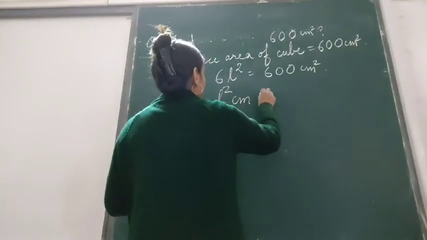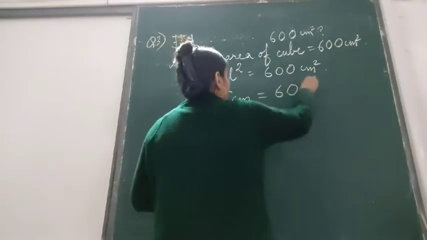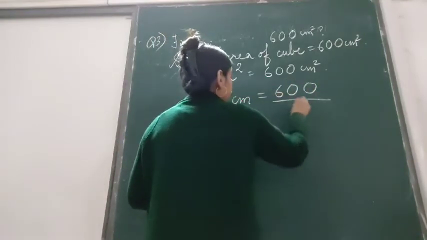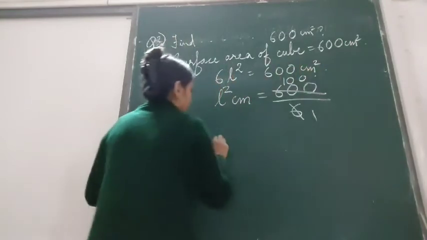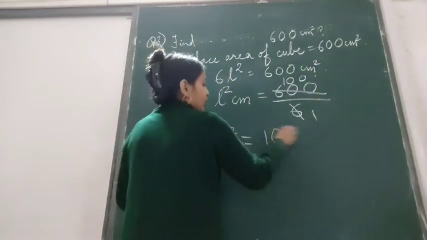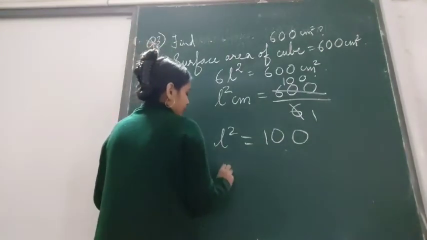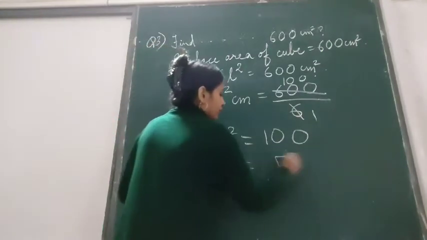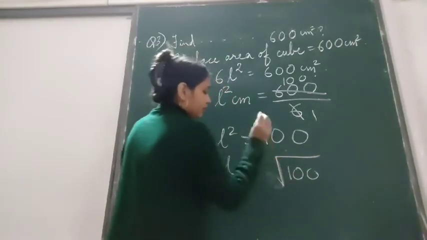So L square is equal to 600 by 6. 6 ones are 6 and 600 are 100. L square is equal to 100. Okay, and so L is equal to root over 100.